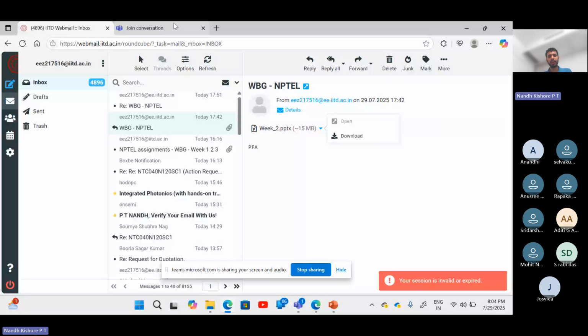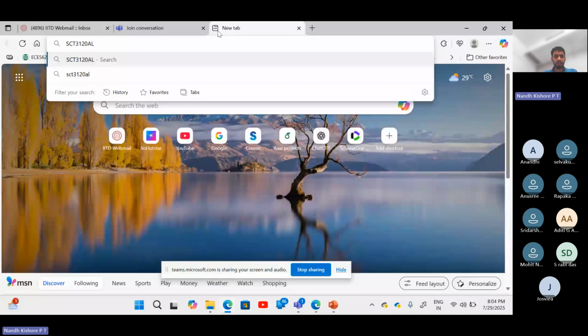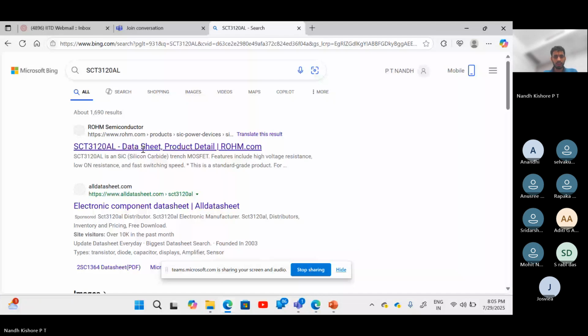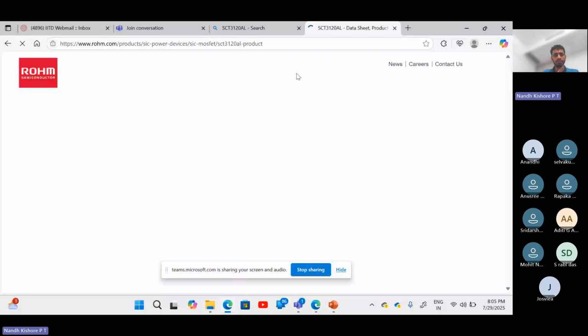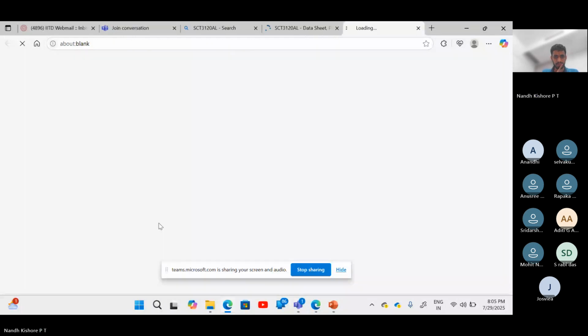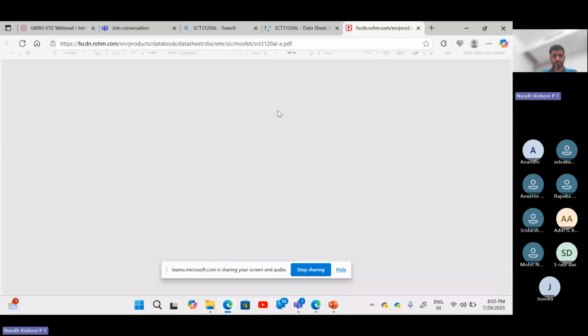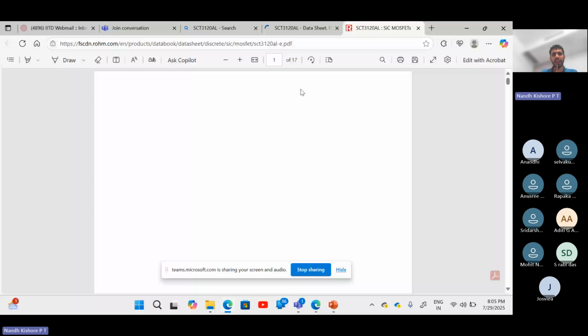So we will go to a device data sheet, right? And so this is a device from our room, okay? Yeah.